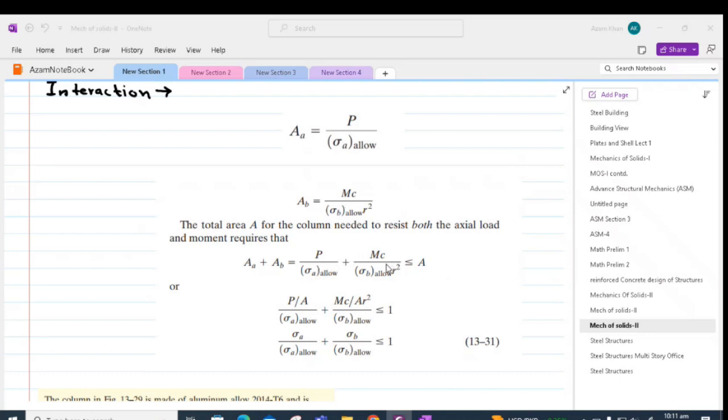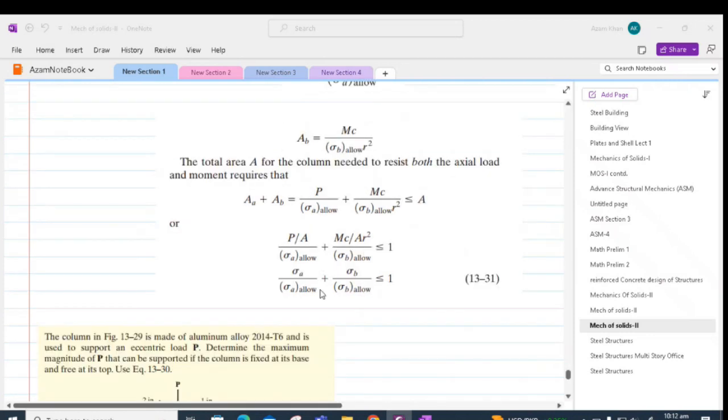Plugging in the values of the axial area and the bending area, and after some algebra, we get σ_A/σ_A allowable plus σ_B/σ_B allowable must be less than or equal to 1. This equation has been obtained by dividing our combined area equation by A and then carrying out some algebra.